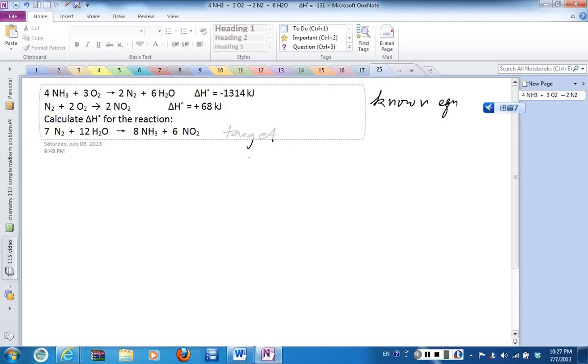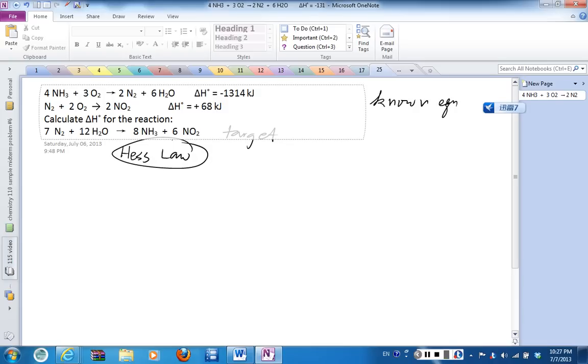So this is, as we talked about in the class, a Hess law problem, where you manipulate the known equations to get the target equation, and then whatever changes you made to the known equation you do to the delta H value to get the target equation's delta H value.